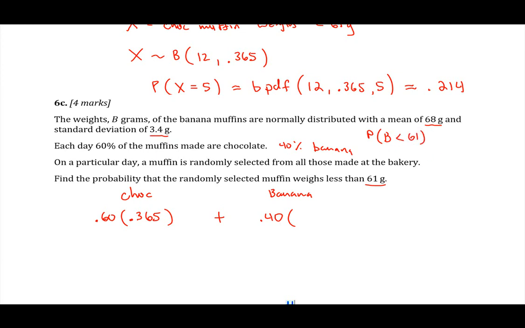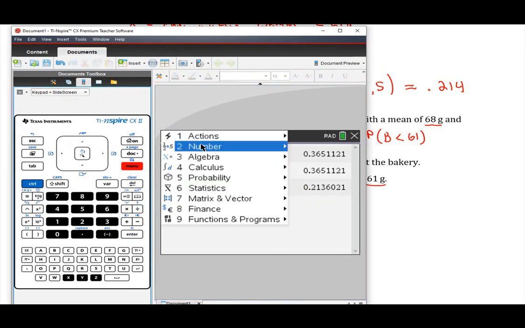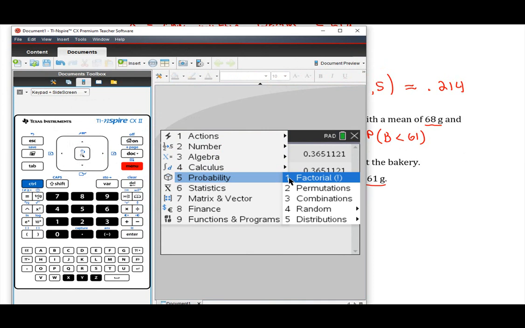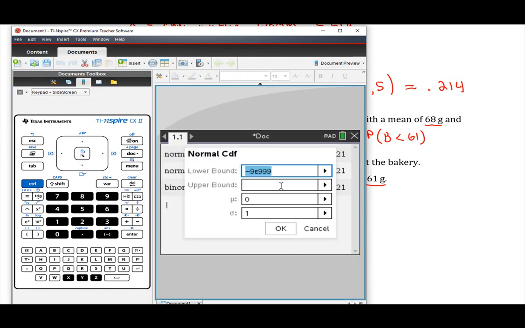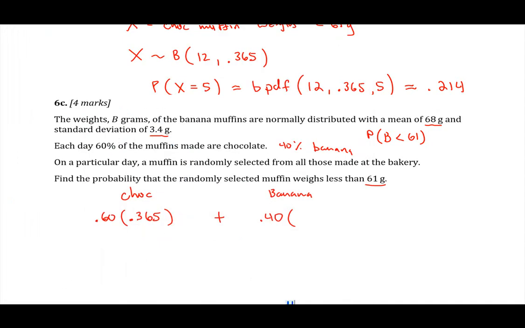Let's put this information into the Inspire. So menu, distribution, norm CDF. The probability is less than 61, so the upper bound is going to be 61. The mean they gave us is 68 for banana, and the standard deviation is 3.4.